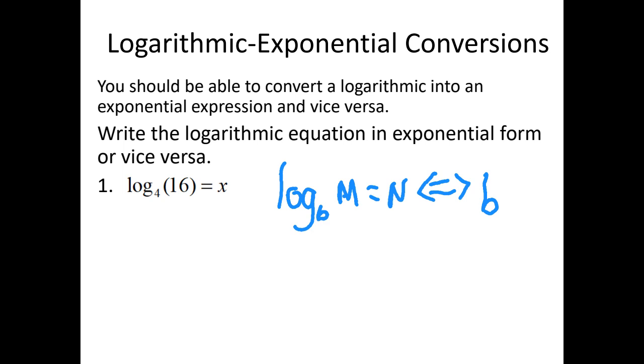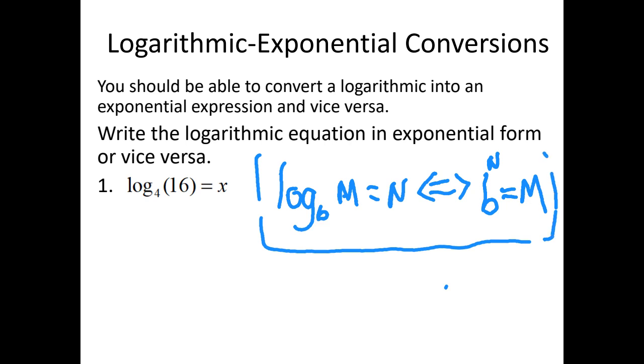Since this log is equal to n, that makes n my exponent, and then the other number, m, is going to be on the right side. This is how we convert from one form to the other. The keyword I like to remember is that the log is always equal to the exponent, so that always tells me what my exponent is going to be.